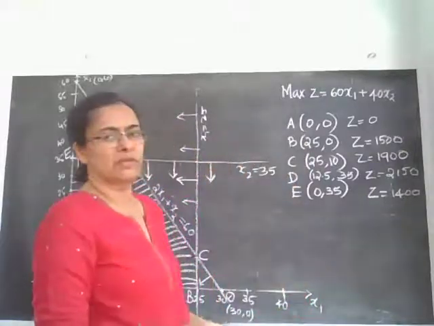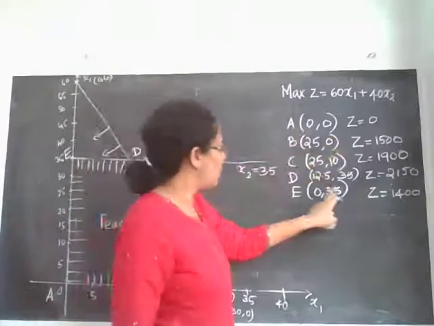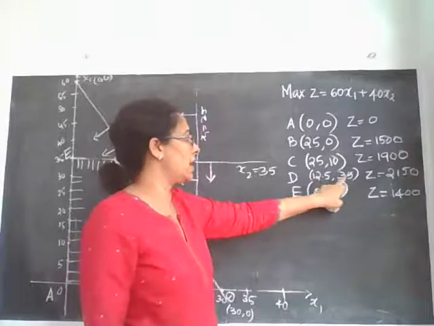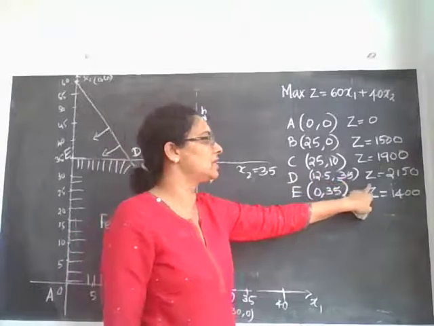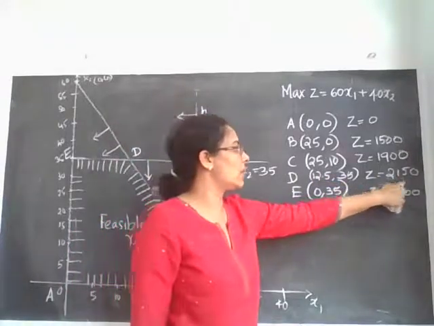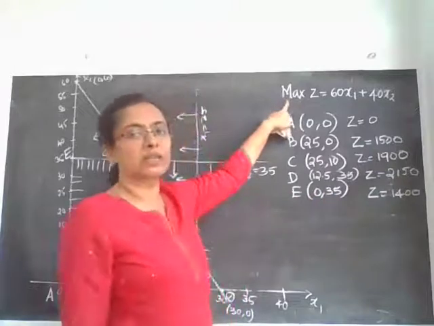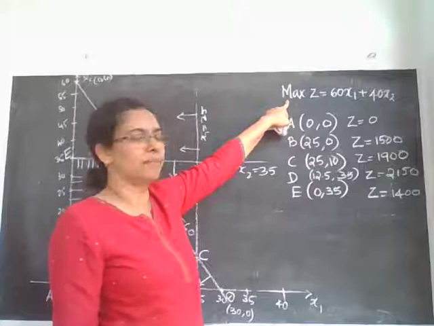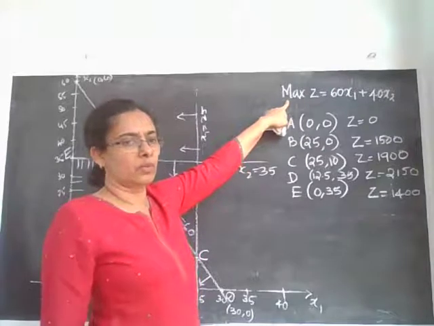And you can observe that for the point D with x1 equal to 12.5 and x2 equal to 35, Z is the maximum, that is 2150, because the objective is to maximize the value or profit, whatever it is.